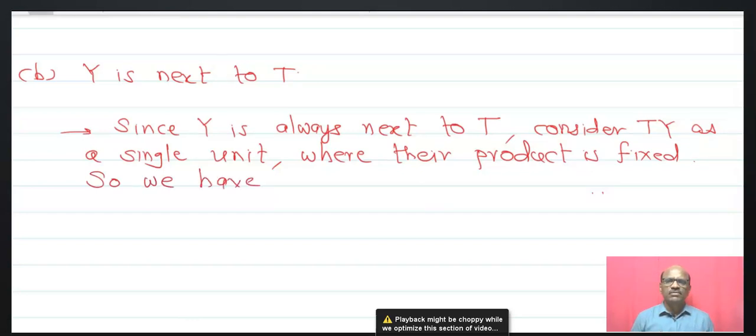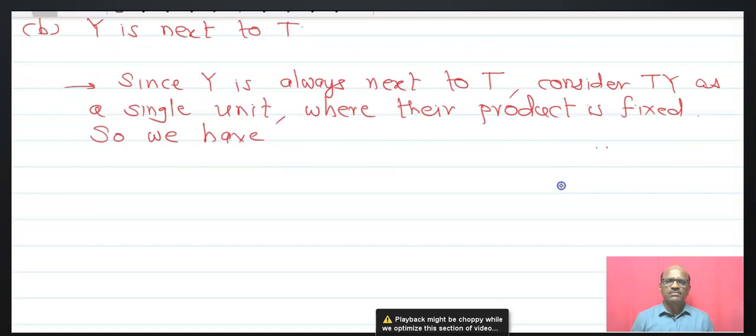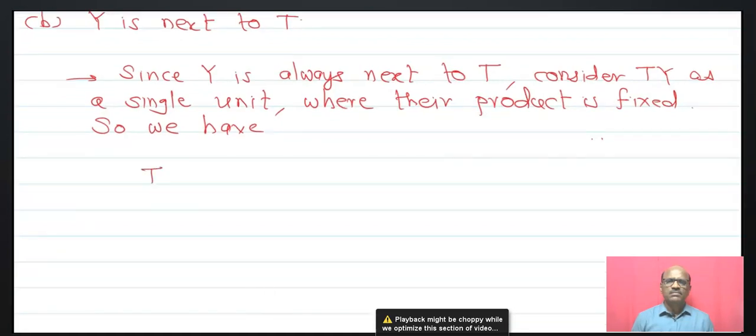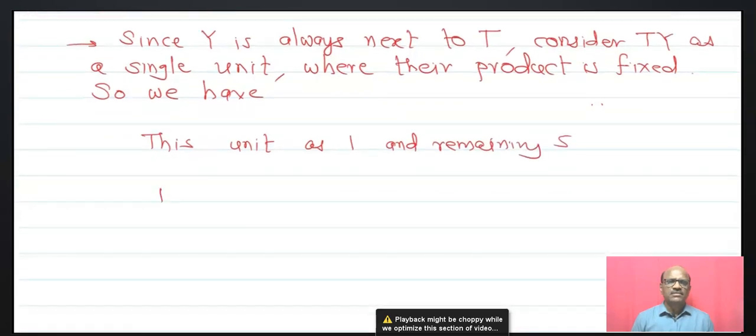So we have this unit as 1 and the remaining 5.